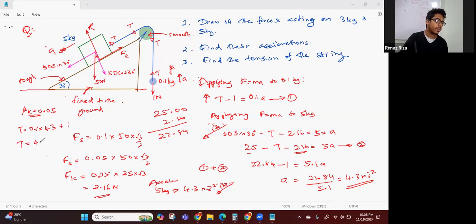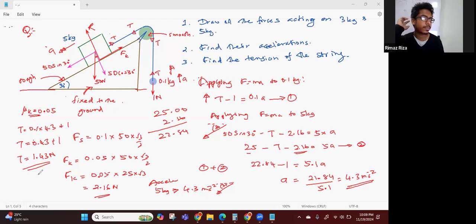So therefore T equals 4.3 plus 1, T equals 5.3 Newton. 0.1 into 4.3 is 0.43, plus 1, so 1.43 newtons. Okay. So that is the tension.